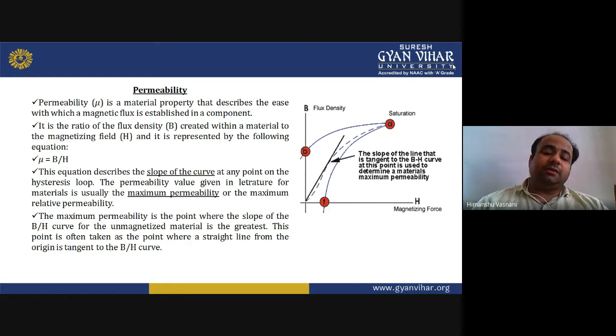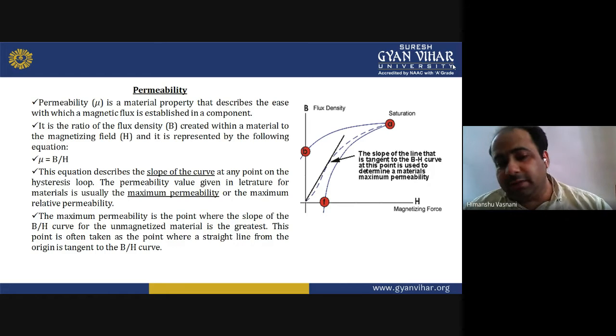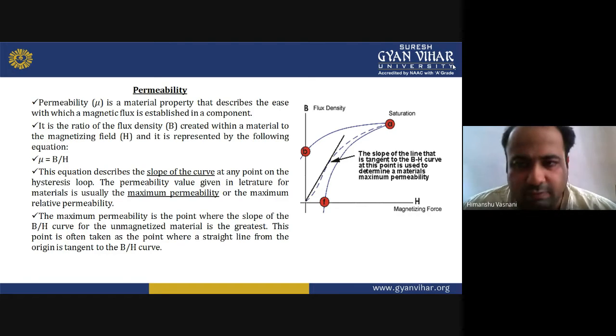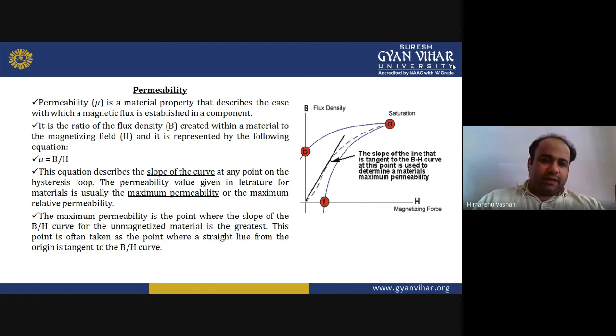This point is often taken as the point where a straight line from the origin is tangent to the BH curve. See the diagram on the right hand side.